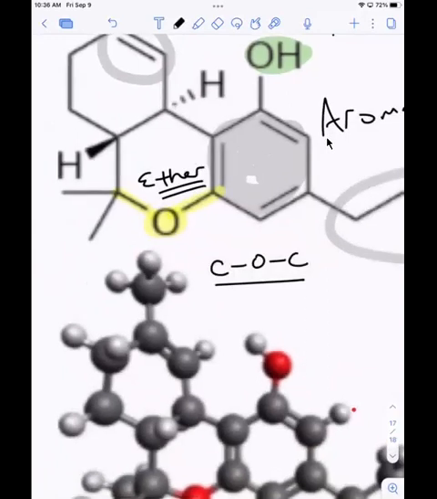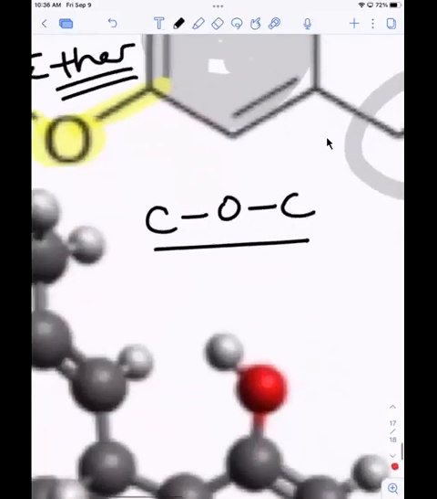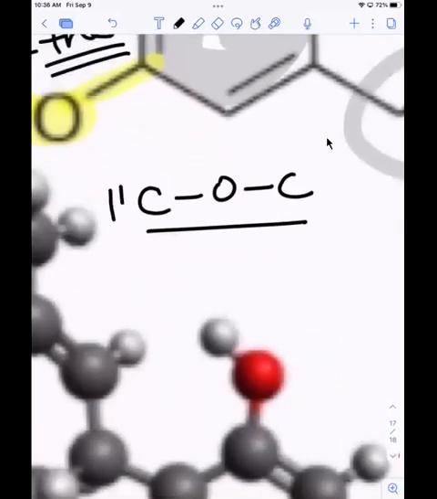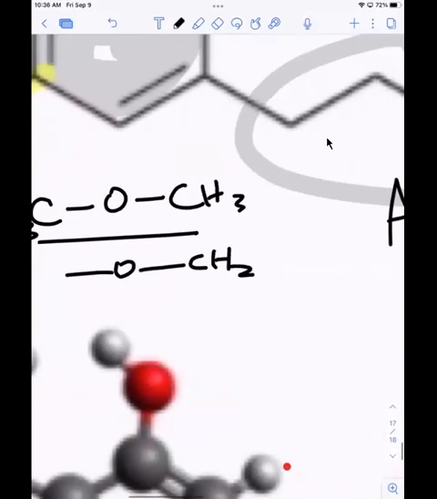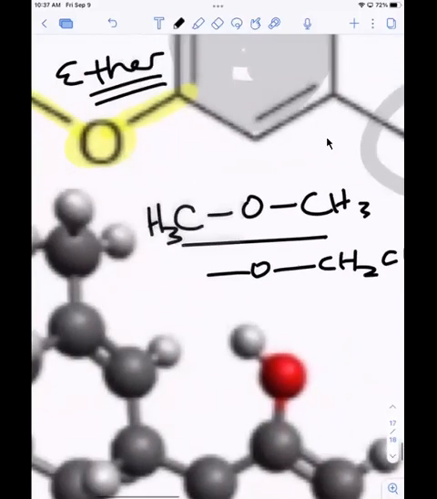I don't know if you've ever seen a movie or a television show where somebody sneaks up on a person with a little napkin and puts it over their face and puts them to sleep. Normally, what's on that napkin is diethyl ether, which is CH2, CH3 on one side, and then CH2, CH3 on the other side.